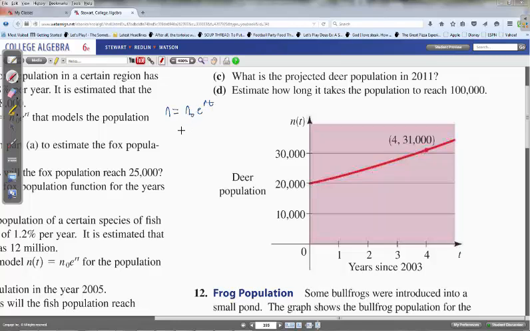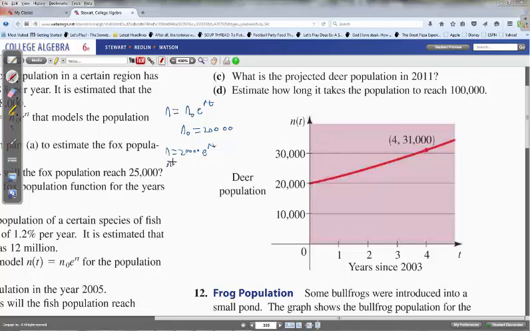Our original amount then, N sub 0, is going to be 20,000. We can use that other point to actually find the other things we need. Well, we know when t equals 4, N equals 31,000.